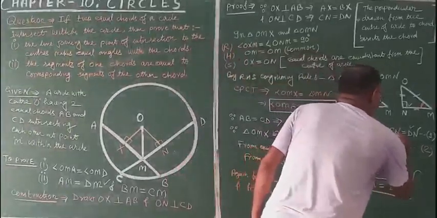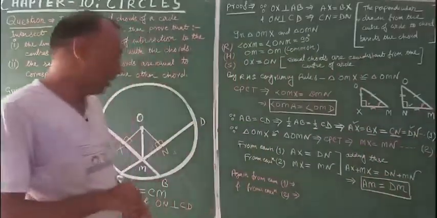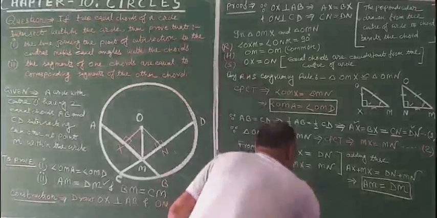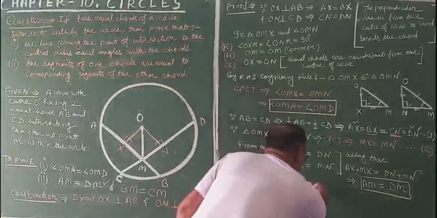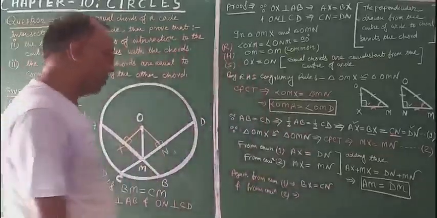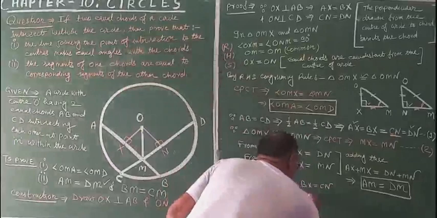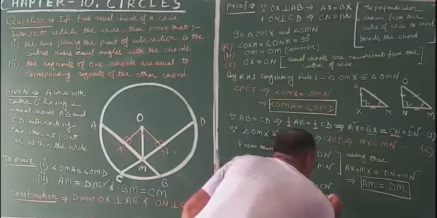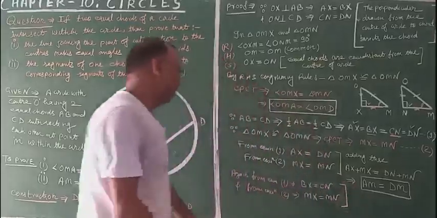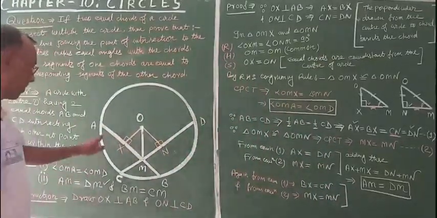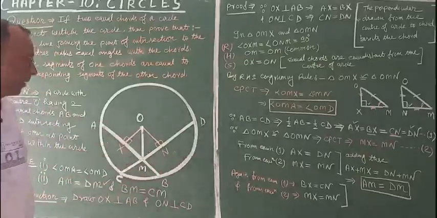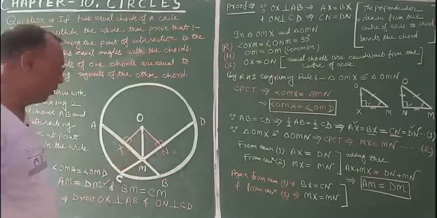BX is equal to CN. This is from equation 1. And the second equation is MX equal to MN. Okay. BX is equal to CN and MX is equal to MN.